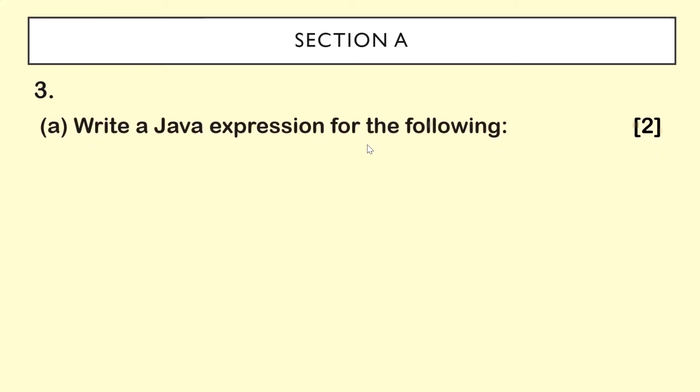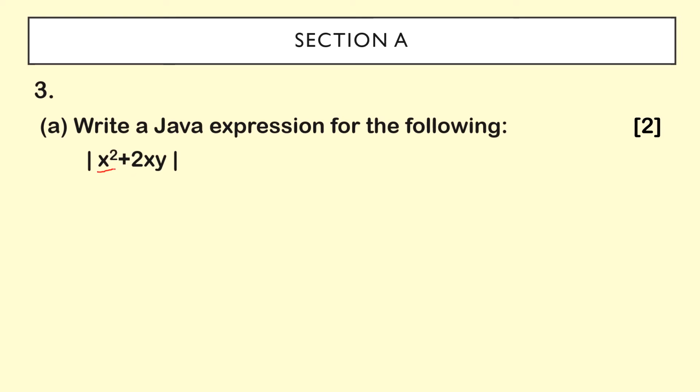So question number 3, the first question: write a Java expression for the following. So we have to write a Java expression for the given equation. Let's see the equation. It is enclosed by two side brackets, which means we need to find the absolute value.